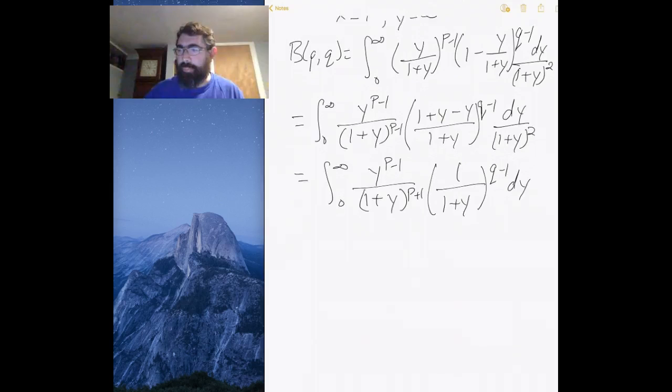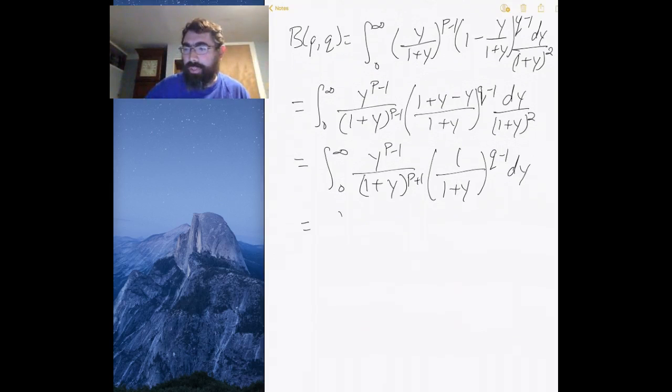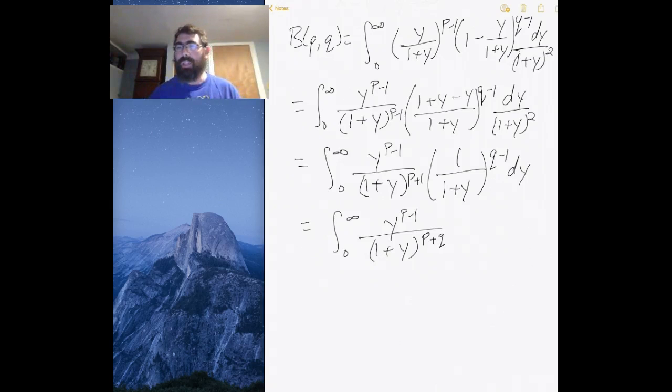And so if I now combine those, I would get y to the p minus 1 over 1 plus y to the p plus q, and then the 1 and the minus 1 cancel, dy.